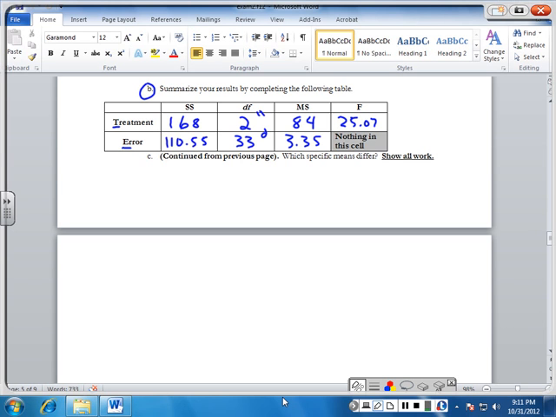So you've already computed these, just fill it in. You already have the degrees of freedom. The only other thing to add to this table is to take the mean square times the degrees of freedom for each one of these. So 84 times 2 is 168, and 3.35 times 33 is 110.55.